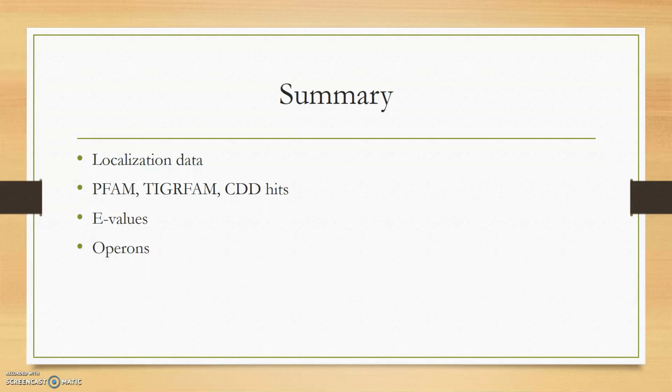Additionally, PFAM, TigerFam, and the CDD hits all seem to agree that these genes are related, they are the same class of gene. And the E-value showed that they are very likely homologous, as they are extremely low E-values, indicating they have at the very least a common ancestor and similar functions.